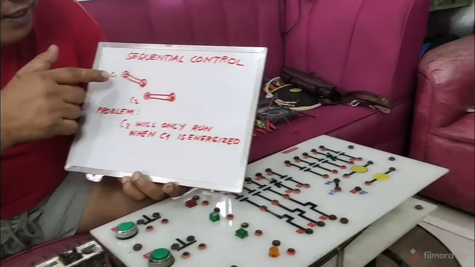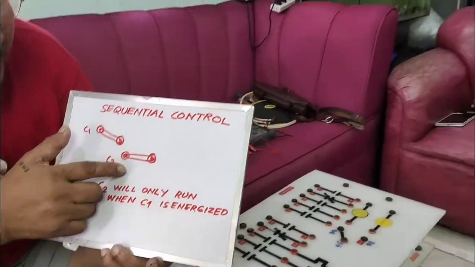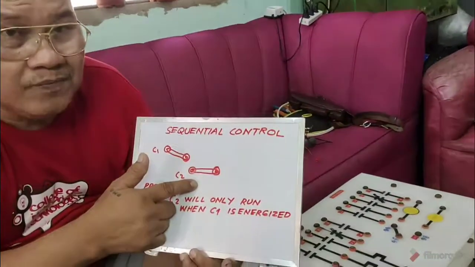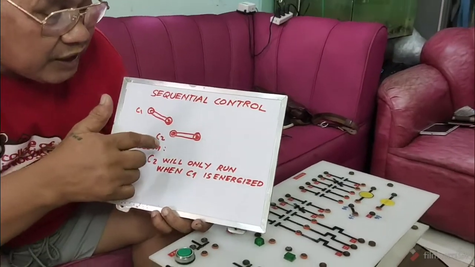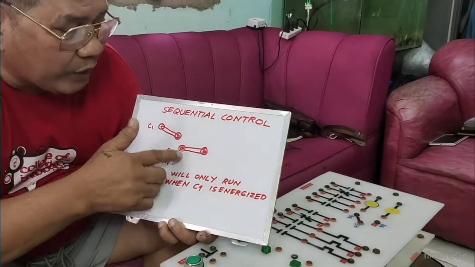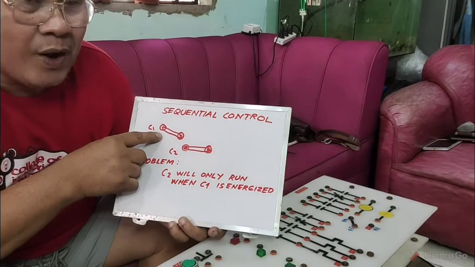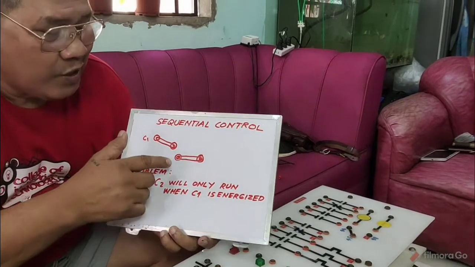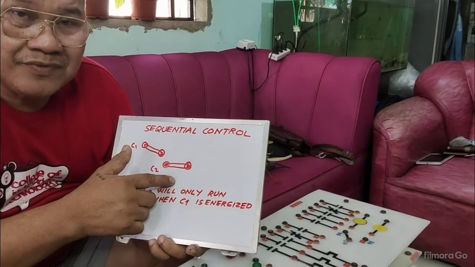In other words, if you have another push button for conveyor 2, you will press immediately the start button of conveyor 2 without pressing first, or running first, conveyor number 1. This will not work. Okay?